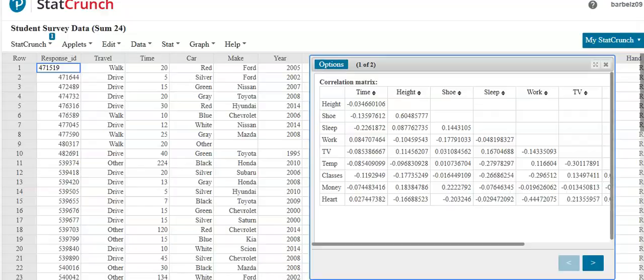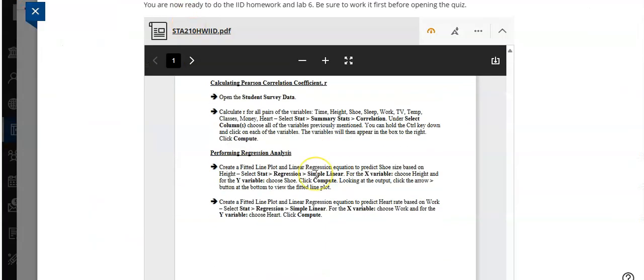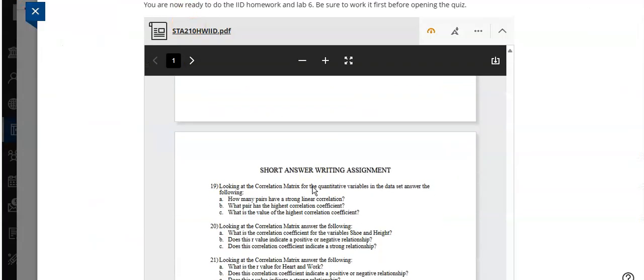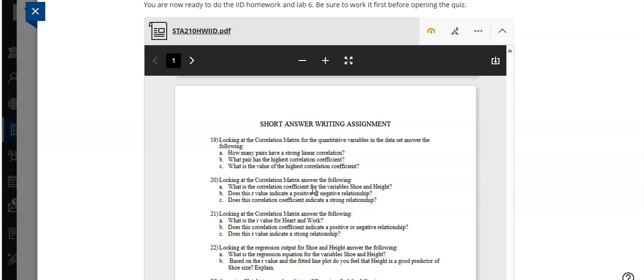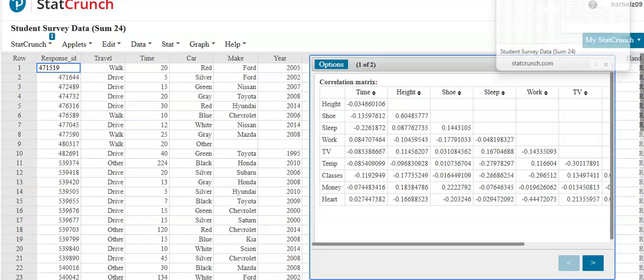All right, now, here's our matrix. We'll come back to it as we answer the question, but let's take a look at what you had, number 19. How many pairs have a strong linear correlation? We remember we said strong as our rule of thumb is 0.7 or greater or negative 0.7 or less. So going back, we're looking for any of these where we have a number's absolute value that is greater than 0.7.